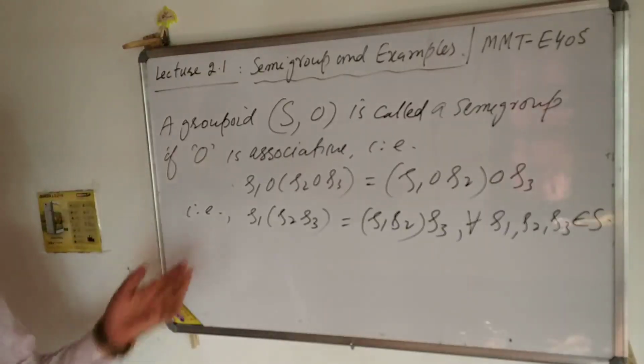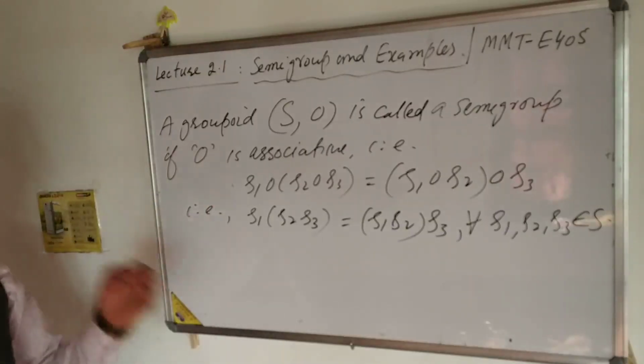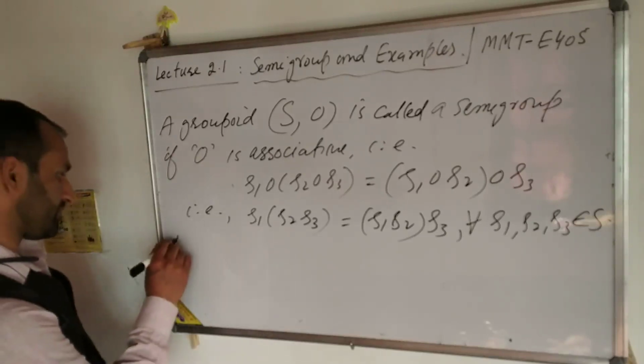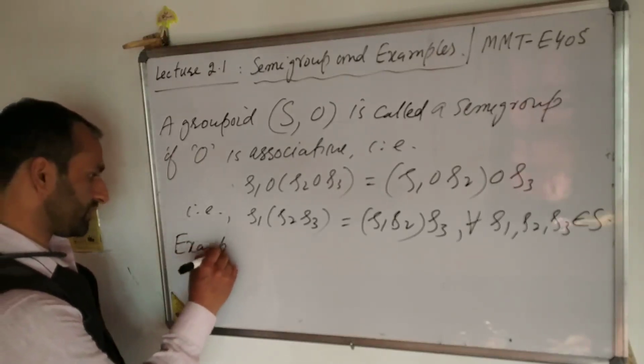So there are a number of examples of semigroups. Suppose we have the set of natural numbers with multiplication.